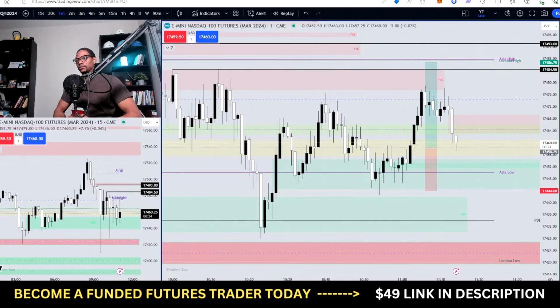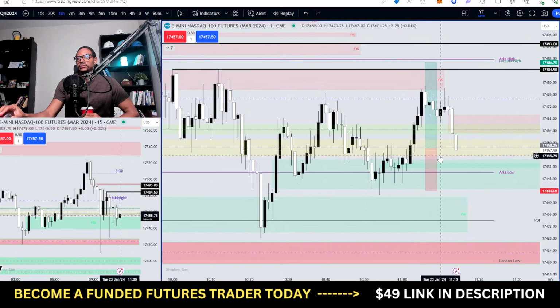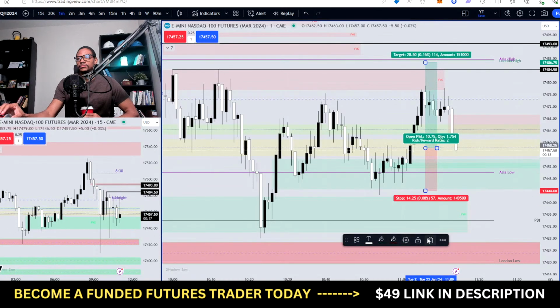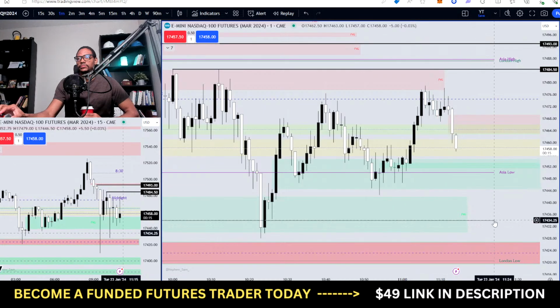All right, crypto, there you go. Yep, so now you're getting a retracement back to where your entry was. There's also this fair value gap that's inside of this range, inside the zone here.